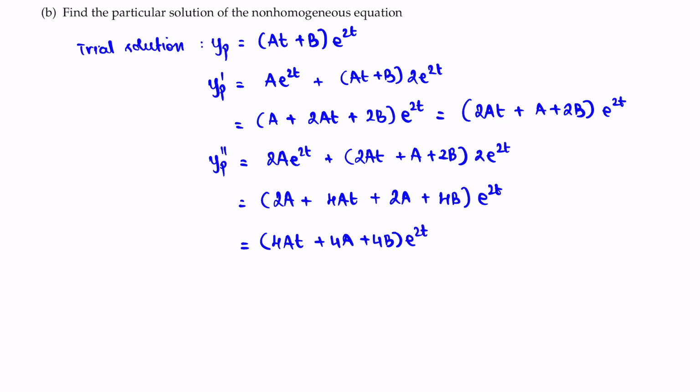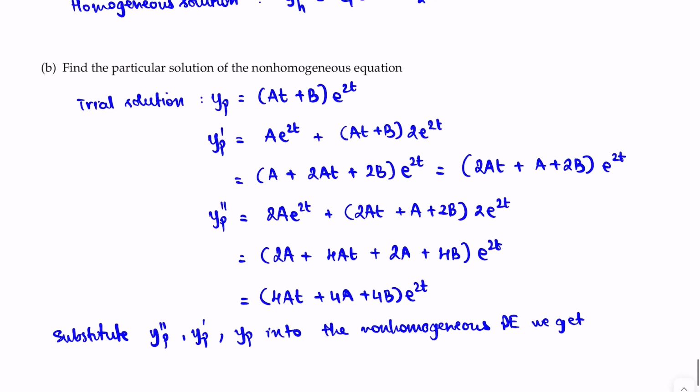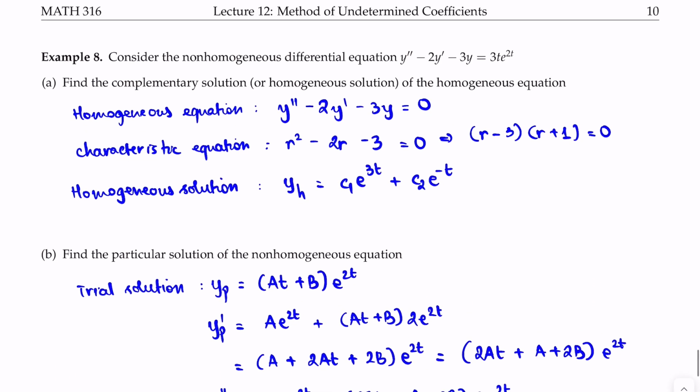Now you're going to substitute yp double prime, yp prime, and yp into the non-homogeneous differential equation. We have y double prime minus 2y prime minus 3y equal to 3t times e to the 2t.